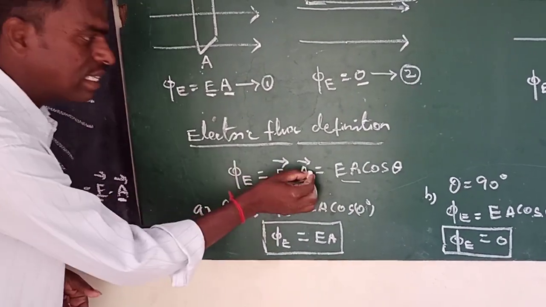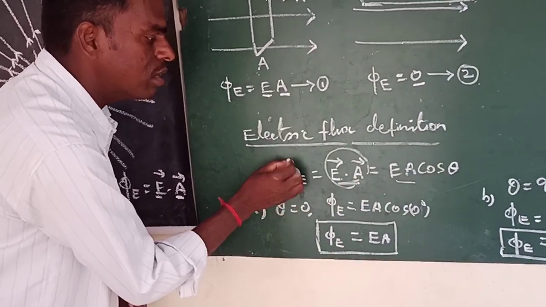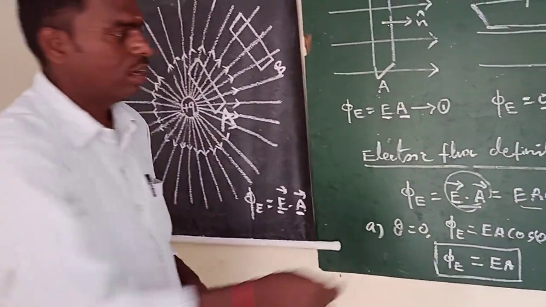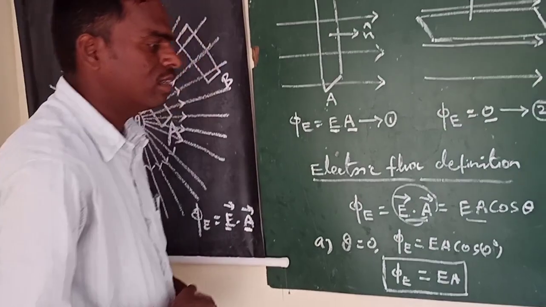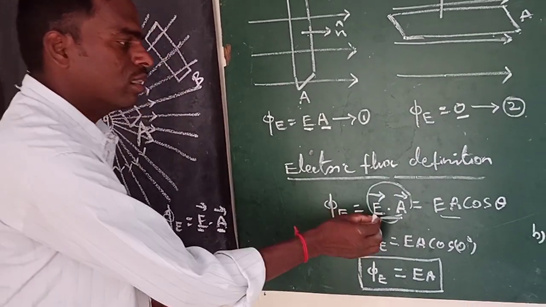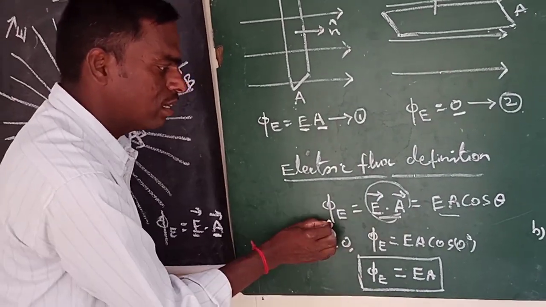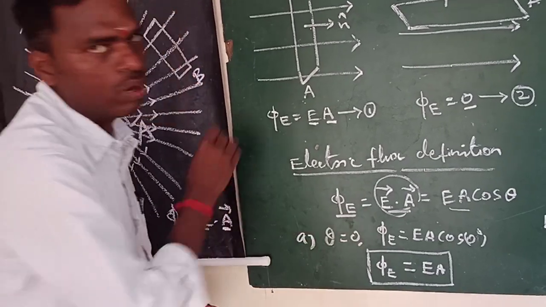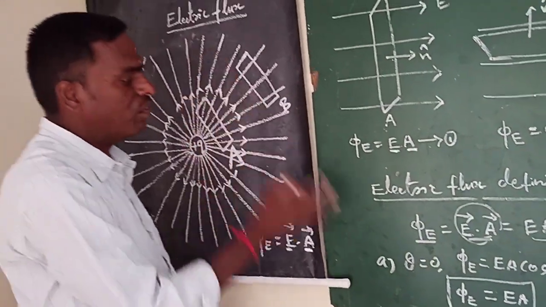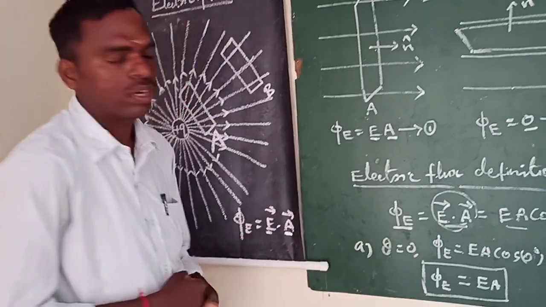So this result gives a scalar. E vector dot A vector is a scalar product. The result of this product is a scalar quantity, so electric flux is a scalar quantity.